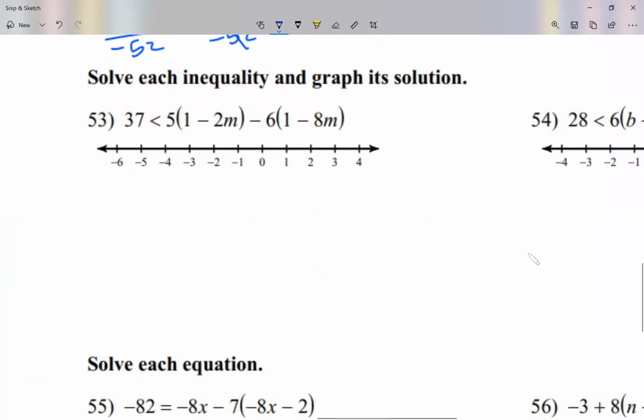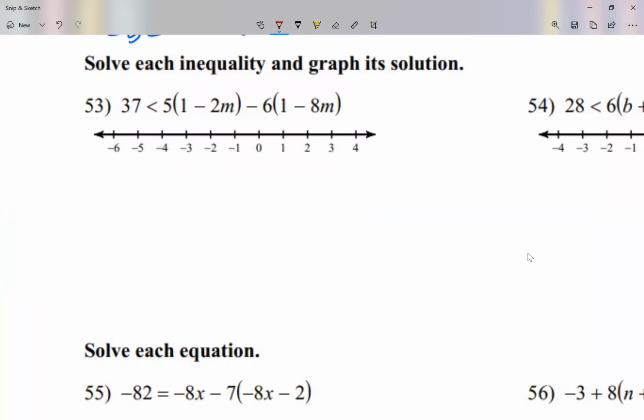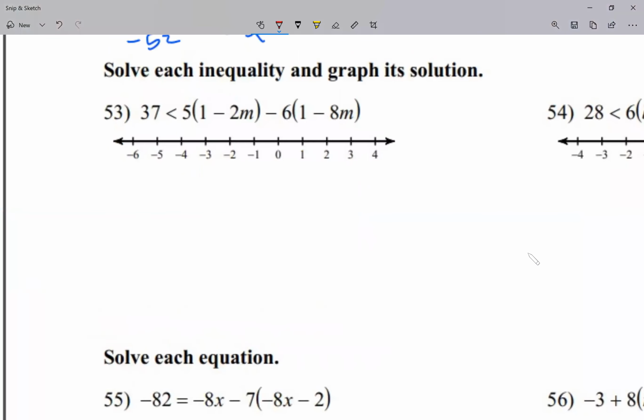Let's take a look at number 53. Let me get rid of parentheses. I'm going to multiply the 5 to the inside and the -6 to the inside. So that's going to give me 37 is less than.